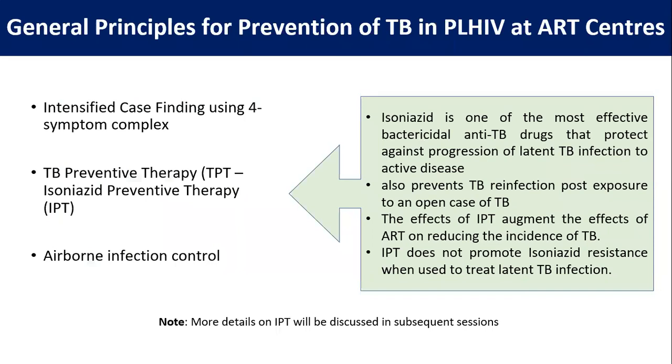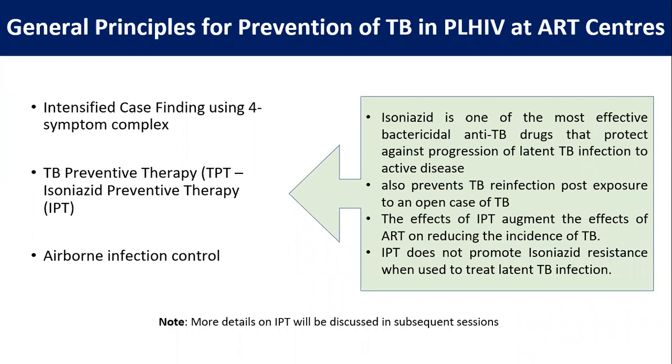So, general principles for prevention of TB in PLHIV at the ART center: we all know that if the patient is not exhibiting any signs and symptoms of tuberculosis, particularly the 4S symptoms, then we should go for initiation of TPT for 6 months, once in the lifetime of the PLHIV.